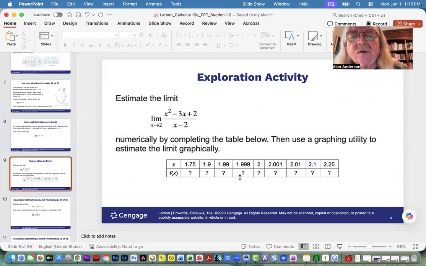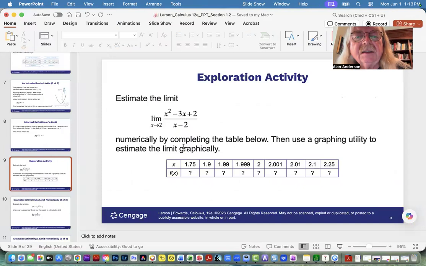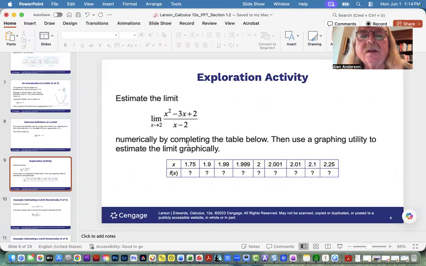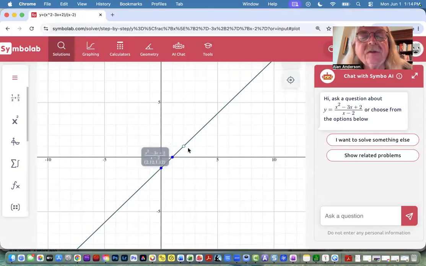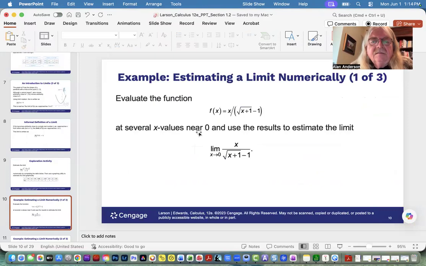So if you did fill in all these numbers, you would see that they're getting progressively closer to 1. Actually, y equals 1. The limit is 1. If you plug these in, these numbers coming from either side are getting progressively closer to 1.